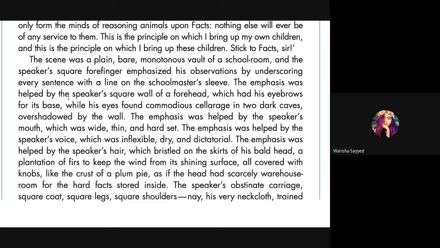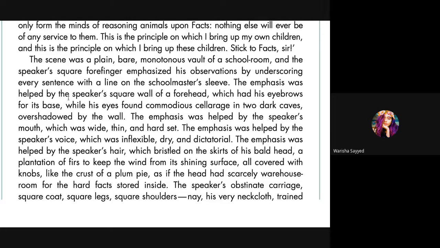The emphasis was helped by the speaker's mouth, which was wide, thin, and hard set. The emphasis was helped by the speaker's voice, which was inflexible, dry, and dictatorial. The emphasis was helped by the speaker's hair, which bristled on the skirts of his bald head, a plantation of furs to keep the wind from its shining surface, all covered with knobs, like the crust of a plum pie, as if the head had scarcely warehouse room for the hard facts stored inside.